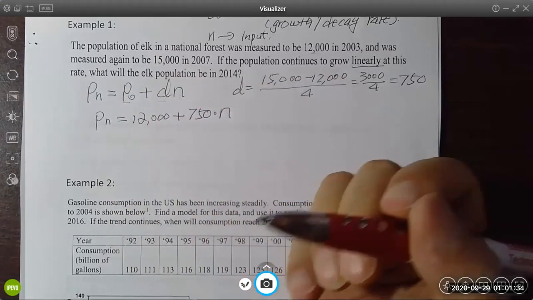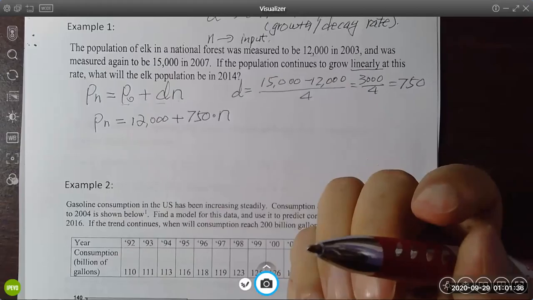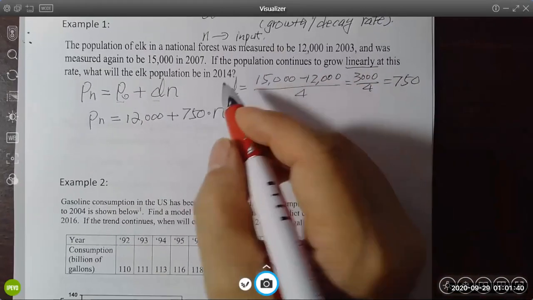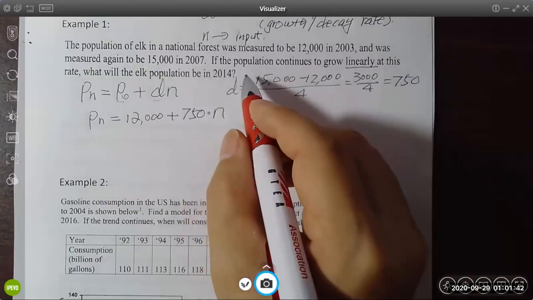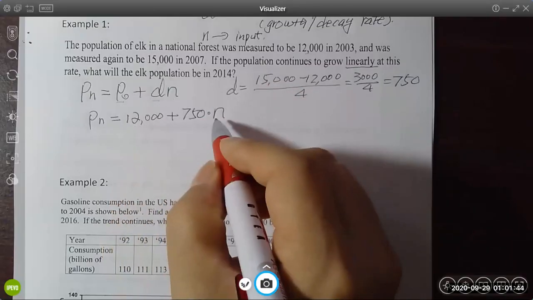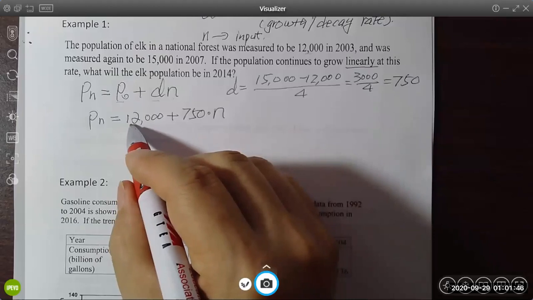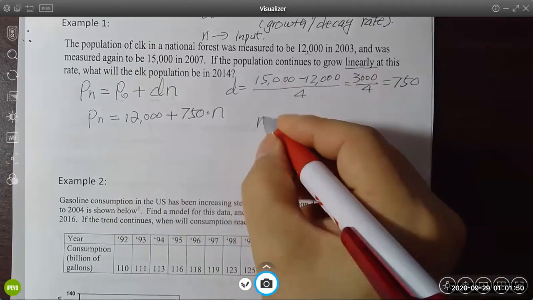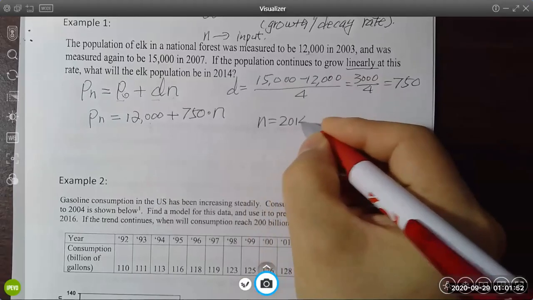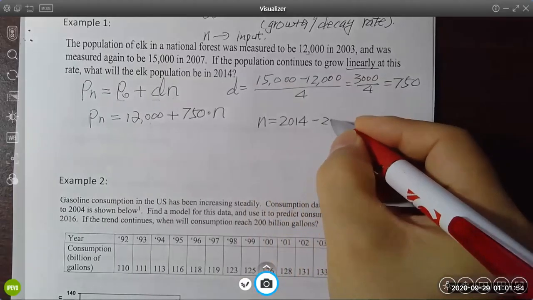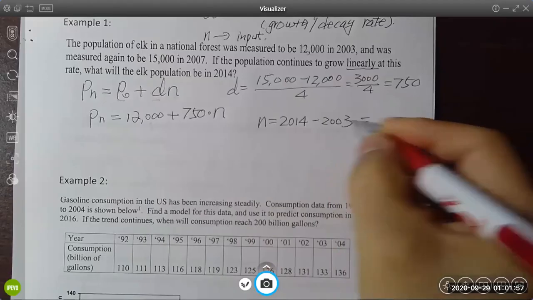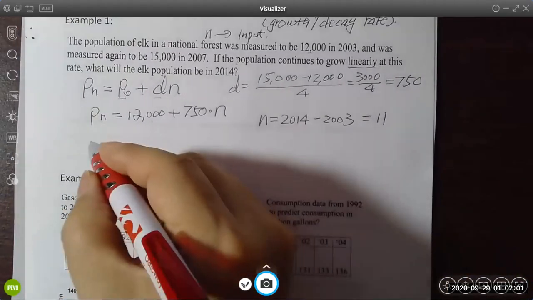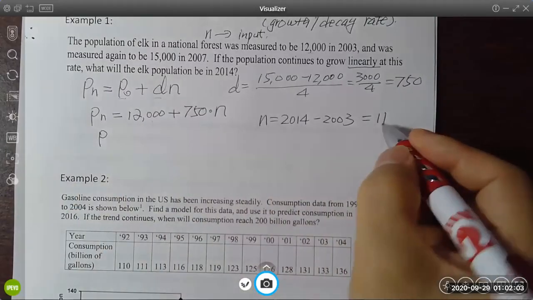After you set up the model, it's time to plug in numbers to calculate the result. Now we are asked to find out the population in 2014. Since we start counting N, how many years starting from this number, which corresponds to 2003, N is from 2003 to 2014. If you do subtraction, that's 11 years. So plug in 11 years.